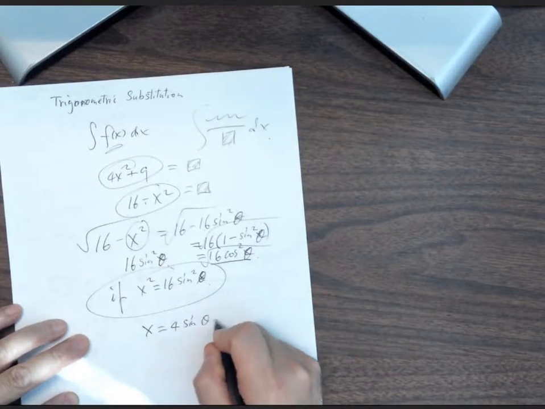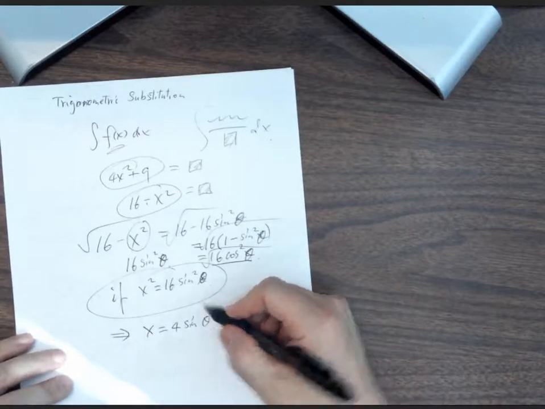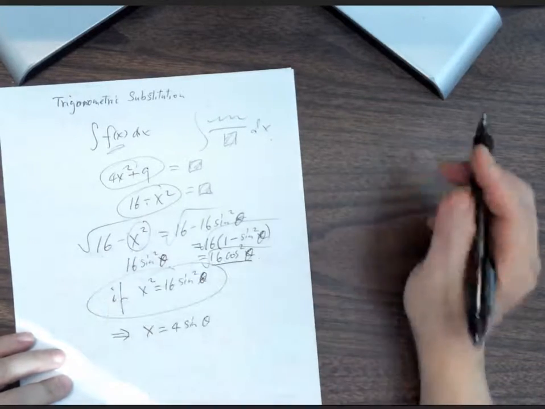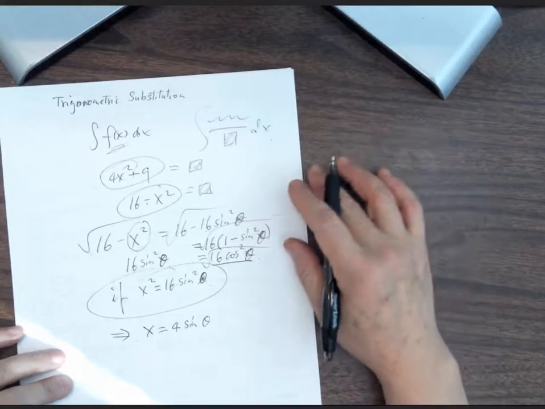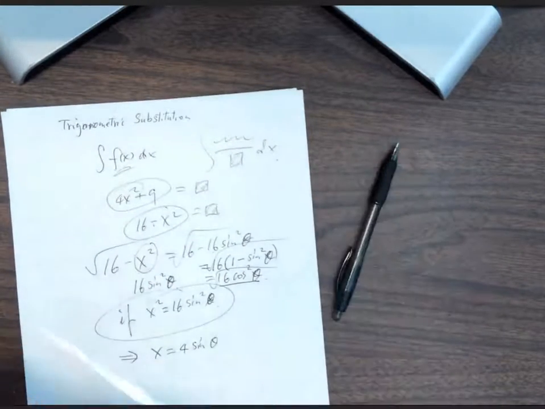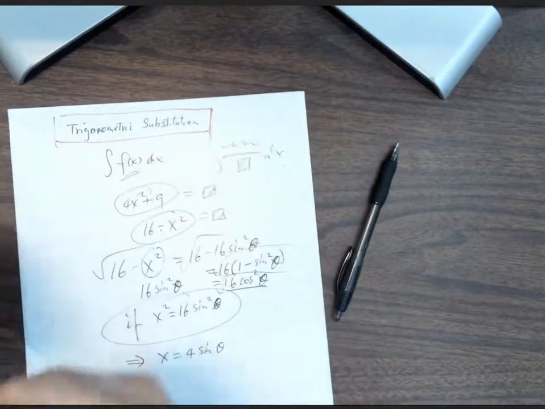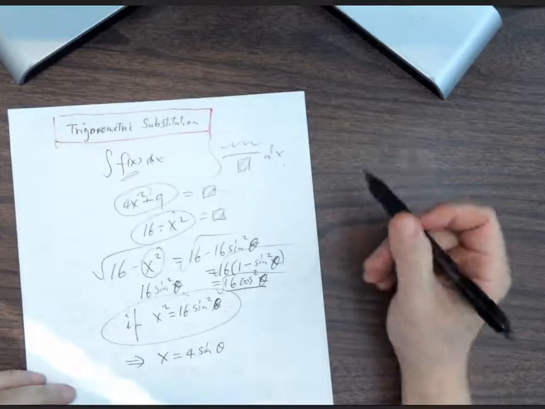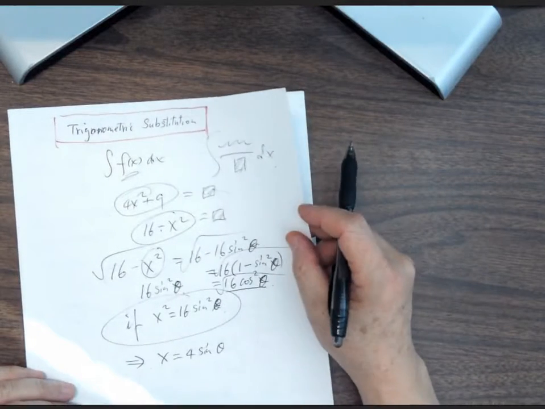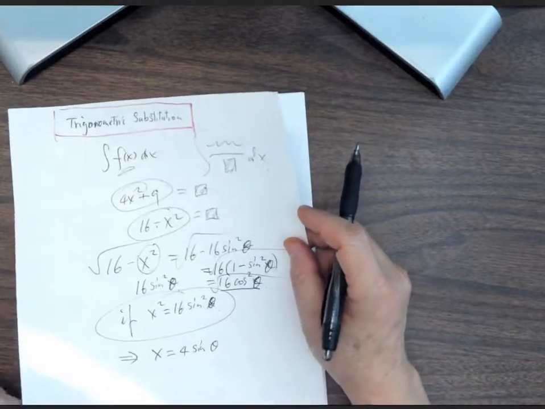That would be the trig substitution we would use for this kind of difference. Alright, we will examine different kinds of sum or difference of terms.